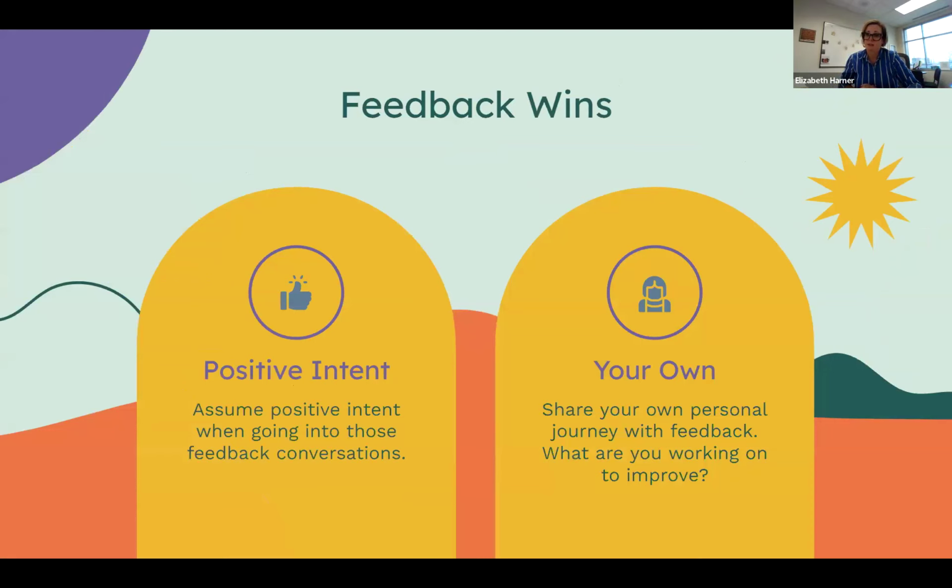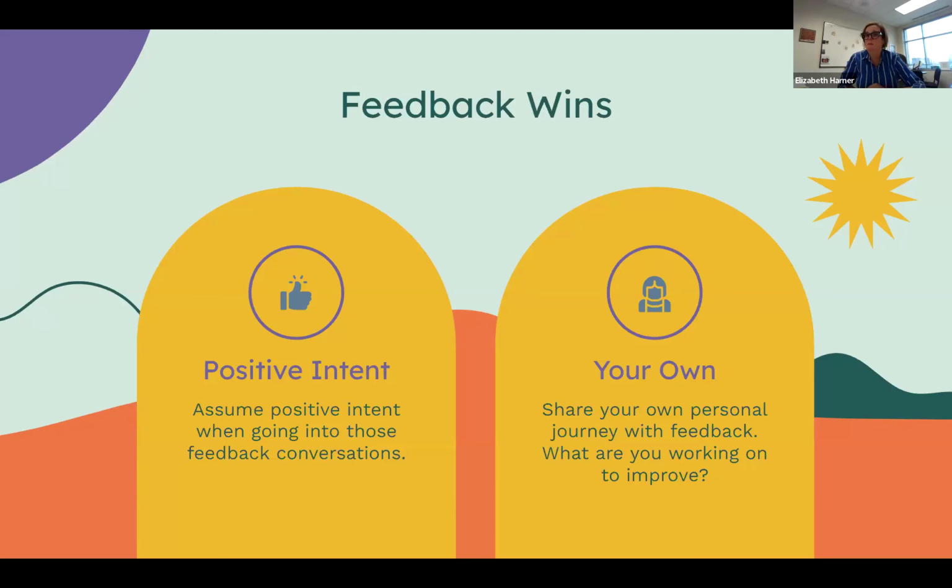But if you're going in assuming that there was not good intent coming from that teacher, you pretty much already lost the conversation for yourself and for that teacher, and in having a successful collaborative discussion. I know it's hard sometimes to get out of that mindset, but that positive intent is so important, because that shows that you are on the same page as far as the goals for your program or for your students. People make mistakes, but as long as we have positive intent, I think we can have those tough conversations.